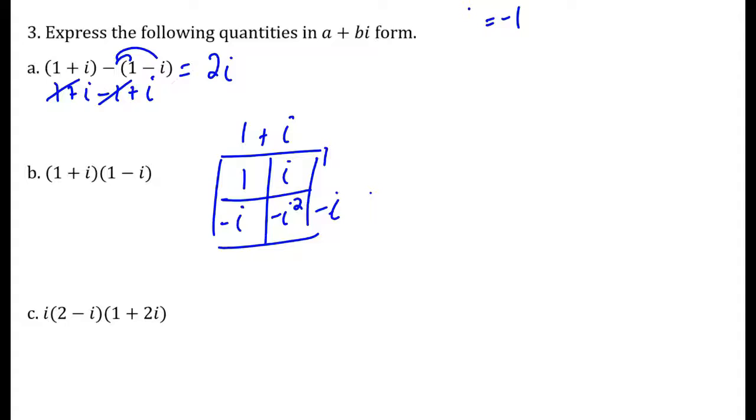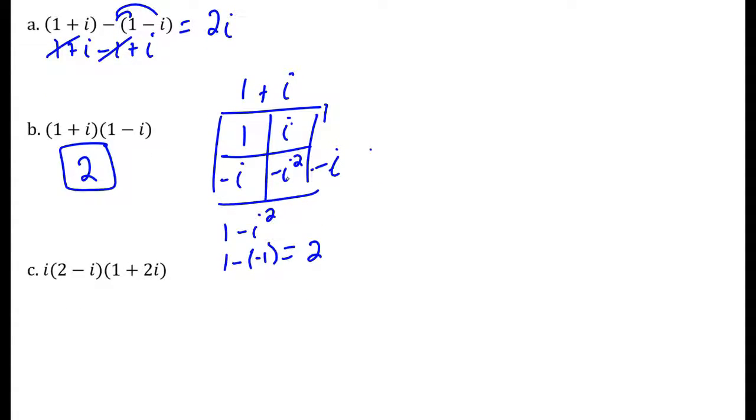I is the number whose square is negative 1. So we get 1 minus i squared, and i minus i add to 0. 1 minus negative 1 is better known as 2. So this quantity equals 2, using that relation that i squared is negative 1. So negative i squared is positive 1.